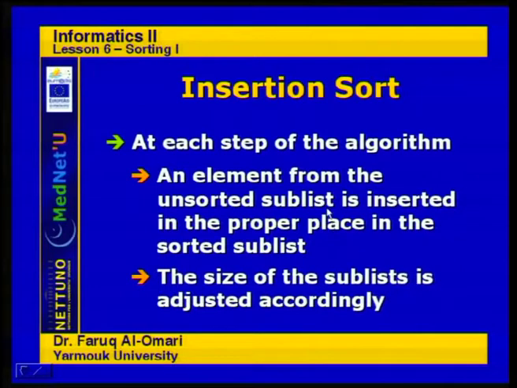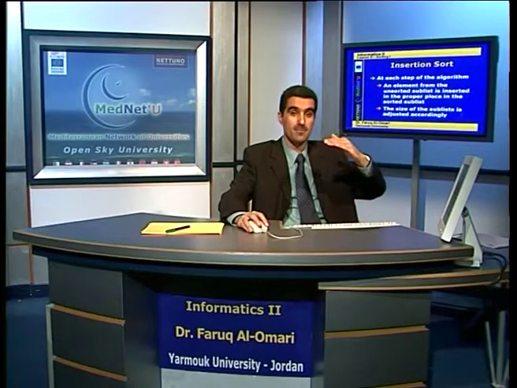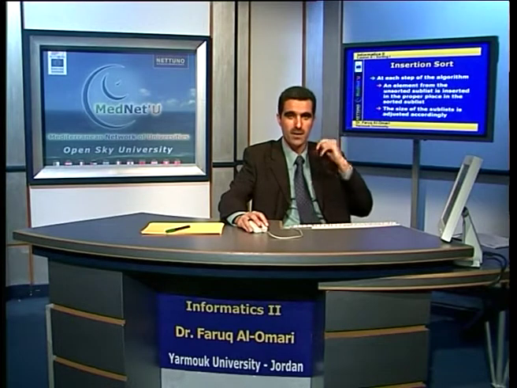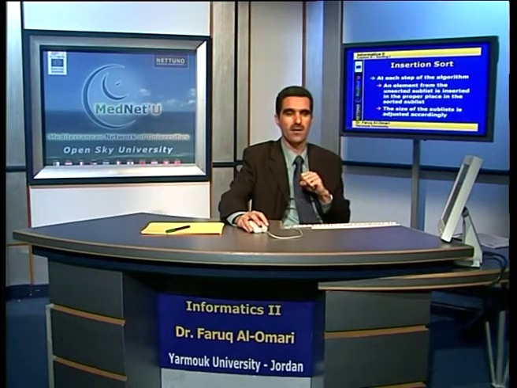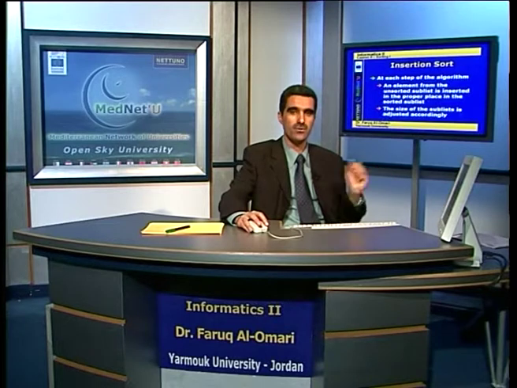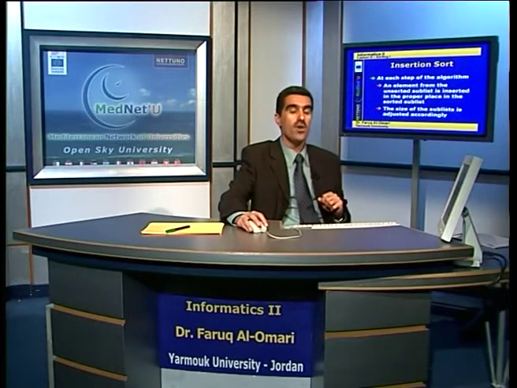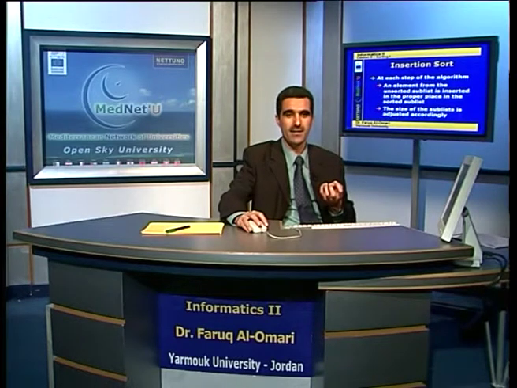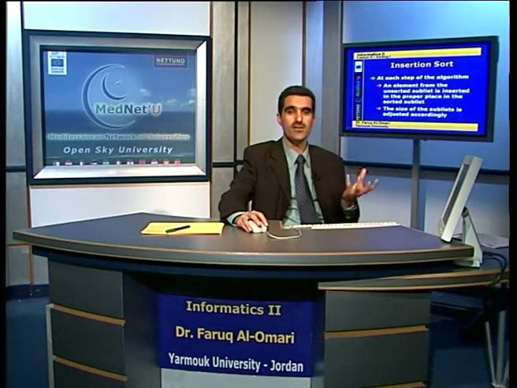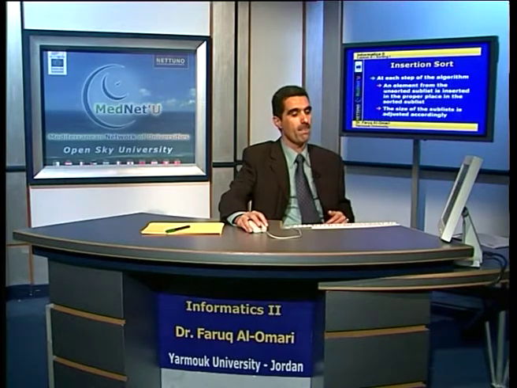After I insert this new element in the sorted sublist, obviously the unsorted list size has been reduced by 1, since that element has migrated to the sorted list. So the size of the unsorted list is decremented by 1, and on the other side, the sorted sublist size has increased by 1.